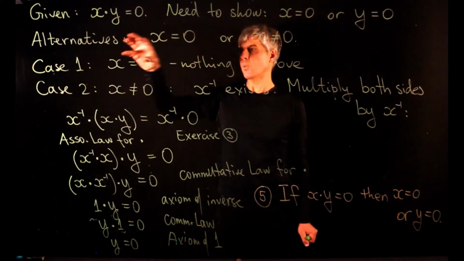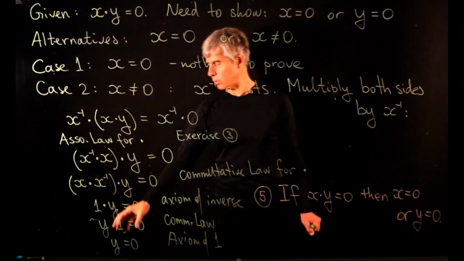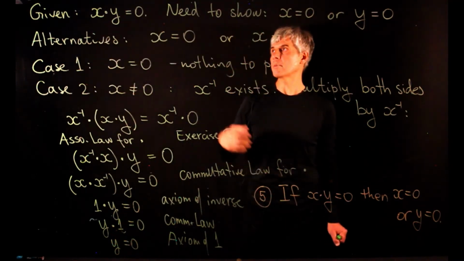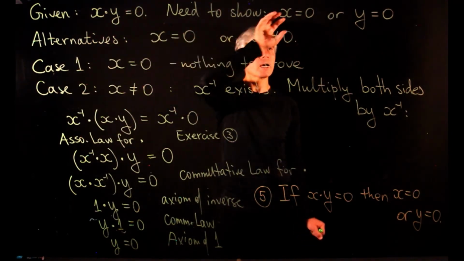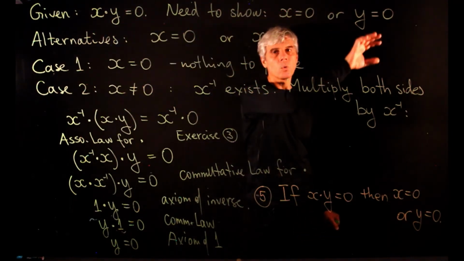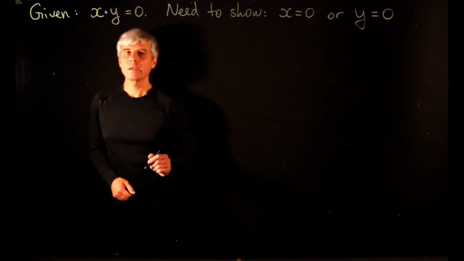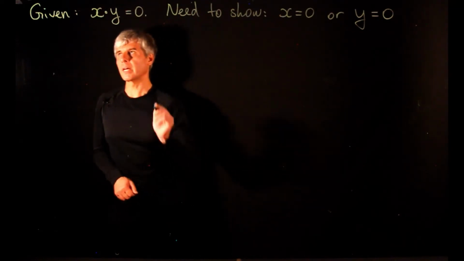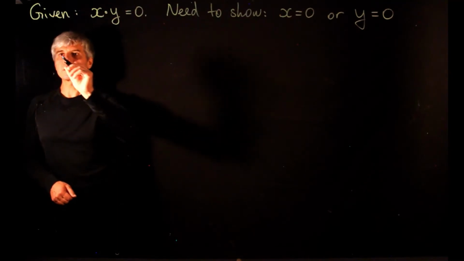In case 1, we have that x is equal to 0. And in case 2, we show that y is equal to 0. And so we were able to demonstrate that given x times y is equal to 0 in the field, then either x is equal to 0 or y is equal to 0. So this property of a field that we proved is an important one. And we will refer to it later down the road.